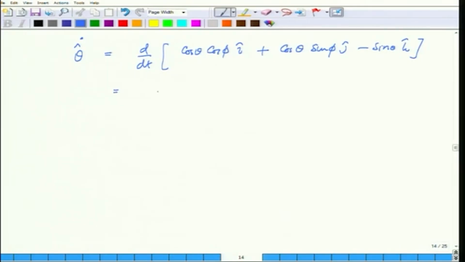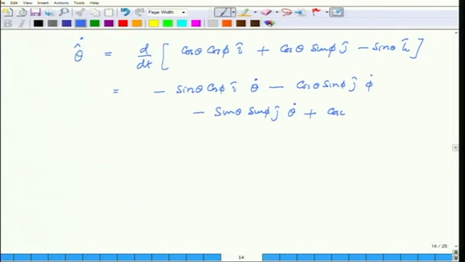This comes out to be minus sine theta cosine phi I theta dot, minus cosine theta sine of phi j phi dot, minus sine of theta sine of phi j theta dot, plus cosine of theta cosine of phi I phi dot, minus cosine of theta theta dot k.